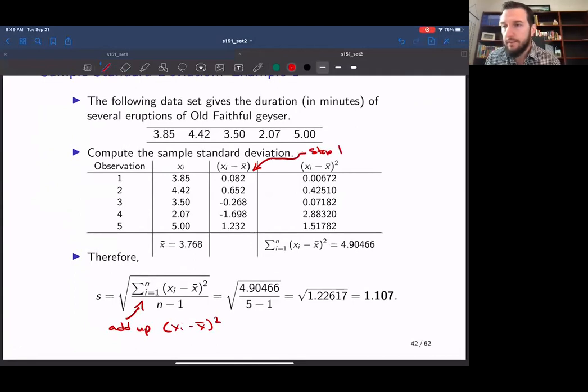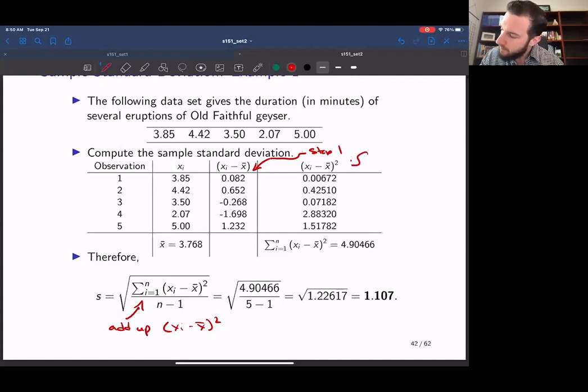We take x_i and subtract the mean. So 3.85 minus 3.768 is 0.082. Then 4.42 minus 3.768 is 0.652. And then 3.50 minus 3.768 is negative 0.268. And then we just continue with that process. So we have 5 differences.